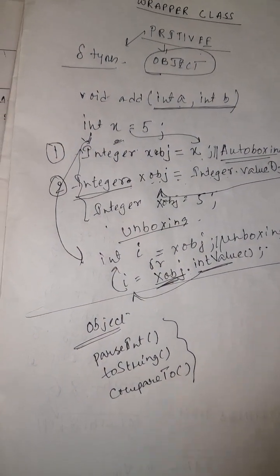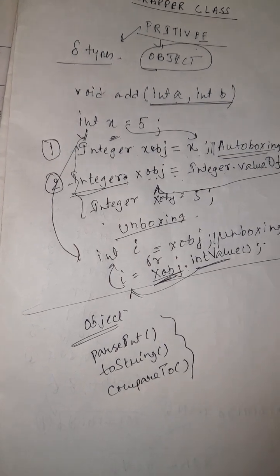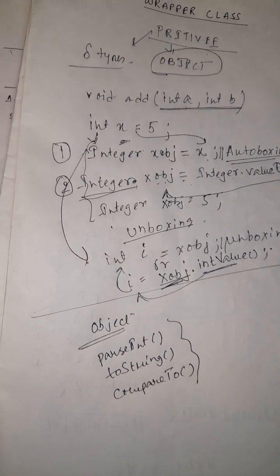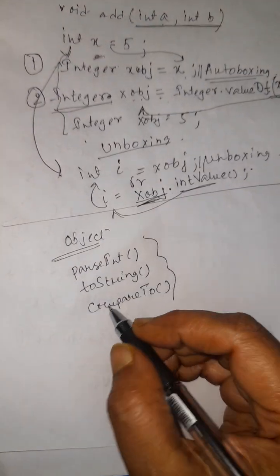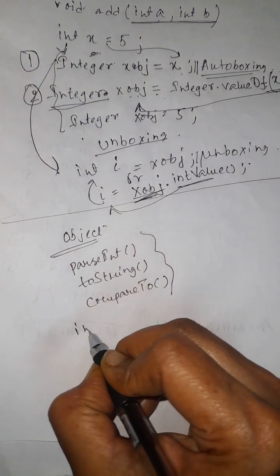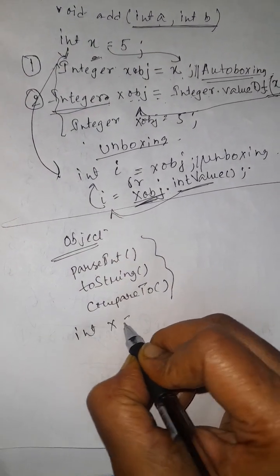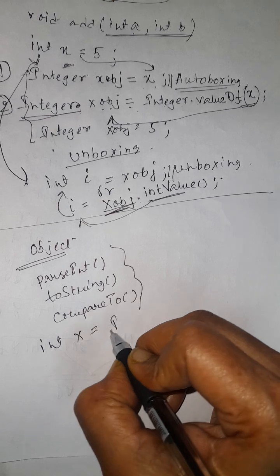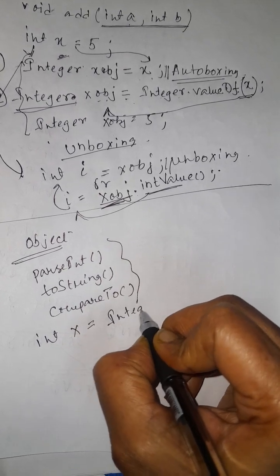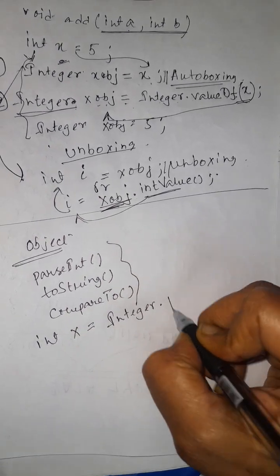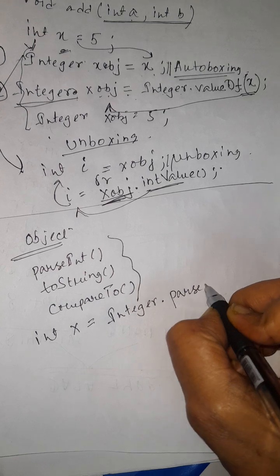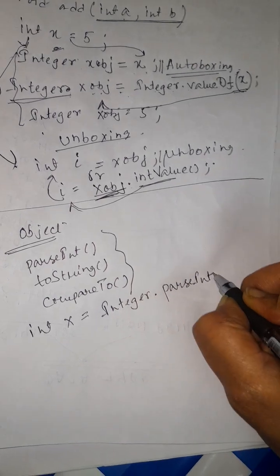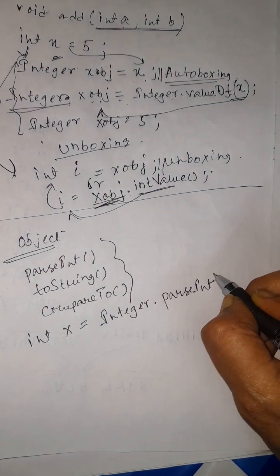If you want to call through the object, then you have to convert the normal variable into a wrapper class object. Then easily you can use any utility method of the wrapper class. Something like this: Integer x equal to Integer dot parseInt. This is one method of the wrapper class, a utility method.